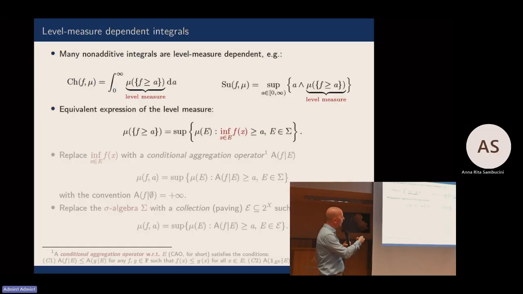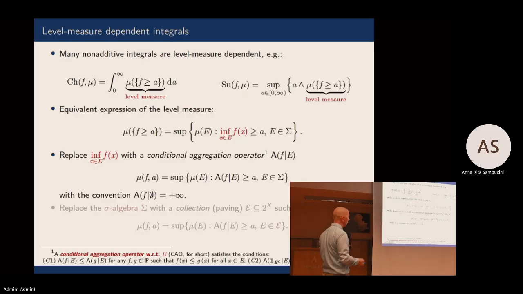An equivalent expression for the level measure is this formula, which may look quite complicated, but it is true that such an easy object can be rewritten in this not very nice formula: the supremum of all measures of the sets E, which are from the sigma algebra, on which the infimum of the function f is greater or equal to a.